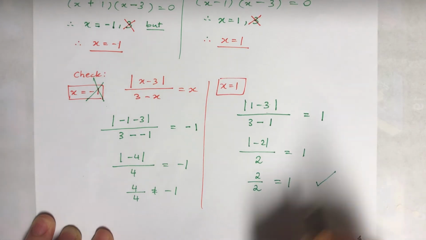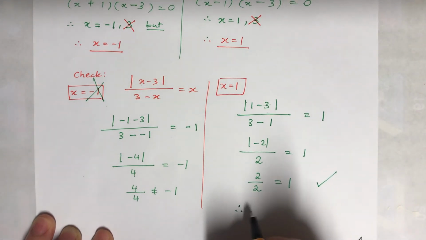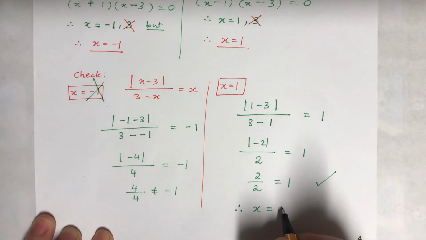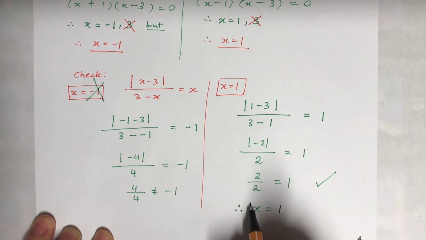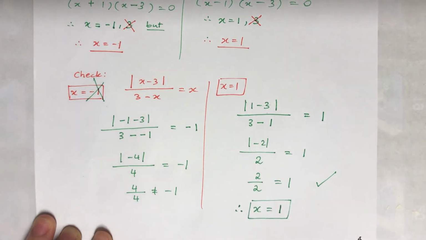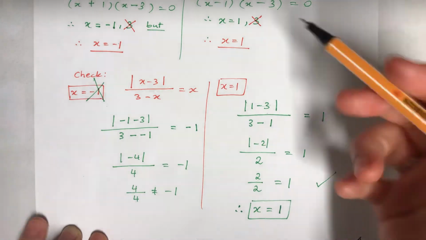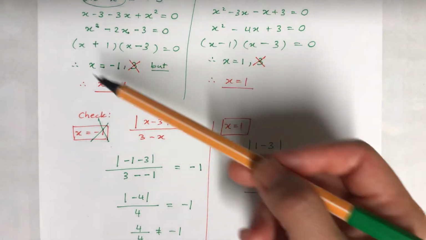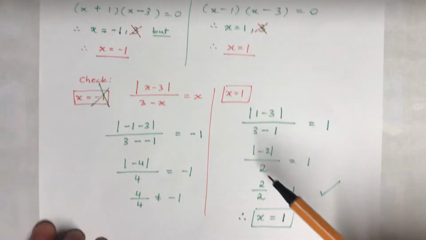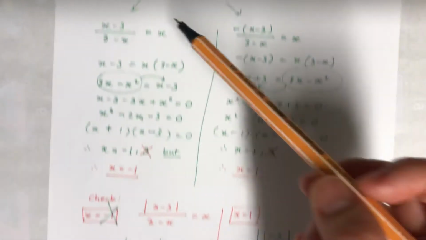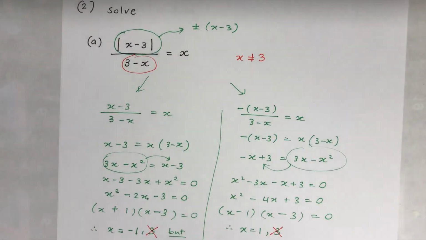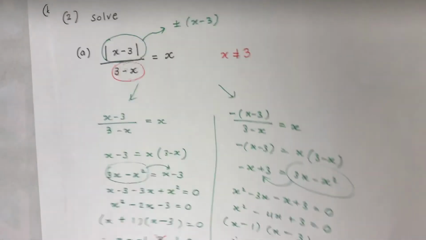And that is correct. So the only x that is satisfying the whole thing is x equals 1. So be careful. After you've found the possible x values, make sure you check them with the original equation.